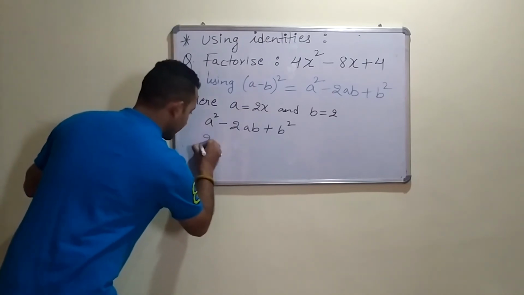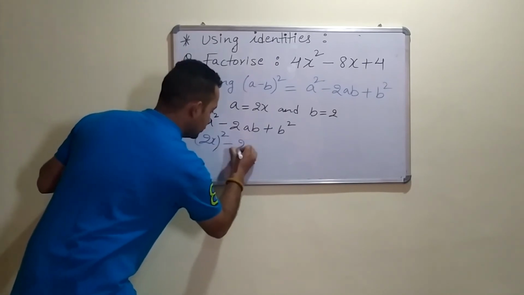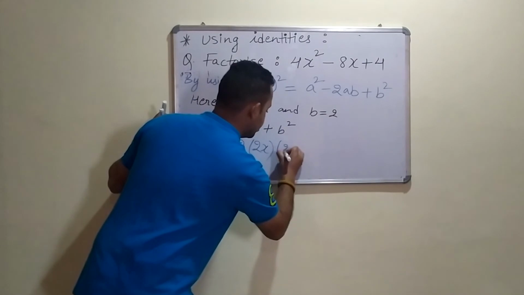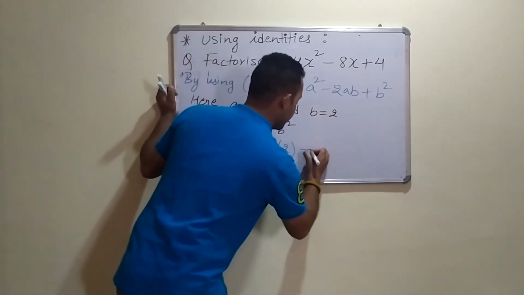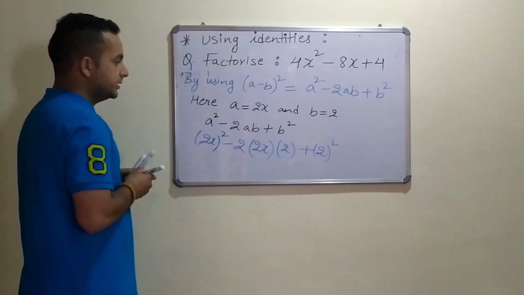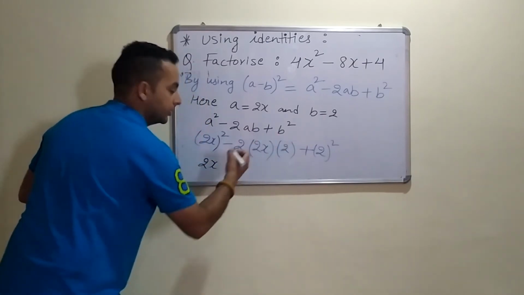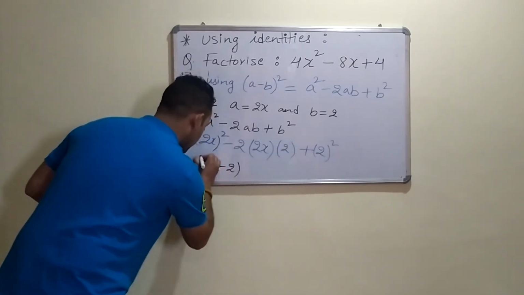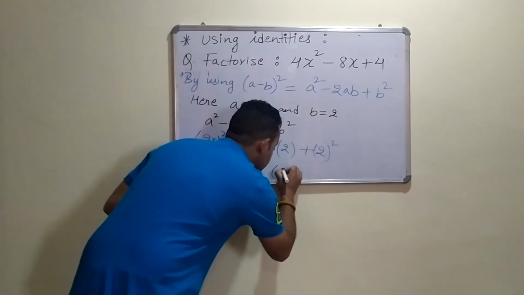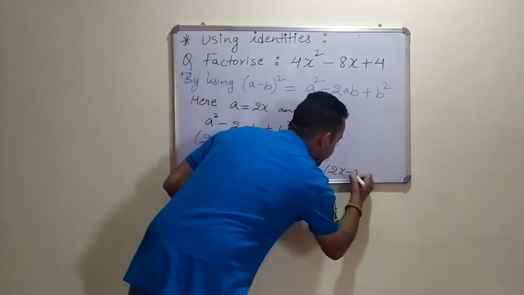In place of a you will write 2x, in place of b you will write 2, and in place of b square you will write 2 square. So your identity formula is 2x minus 2 whole square, or you can expand it like 2x minus 2 and 2x minus 2.